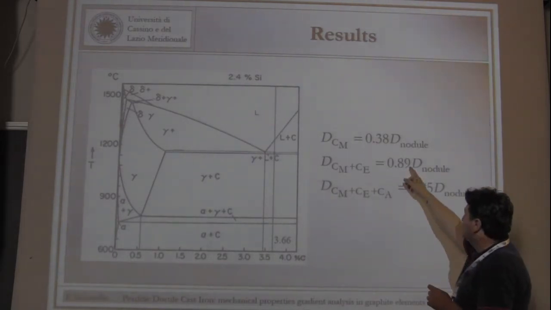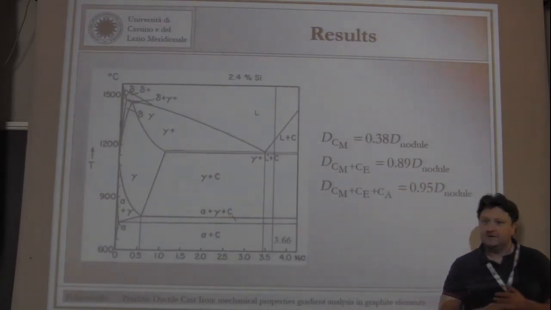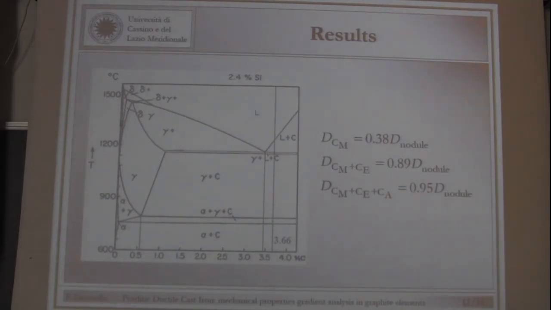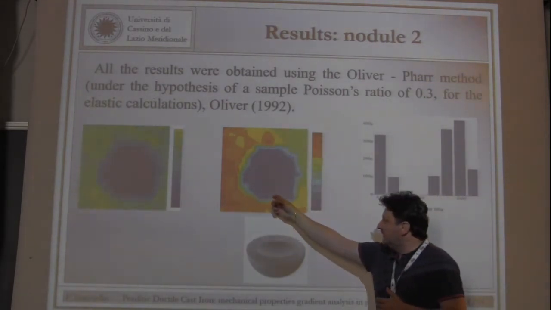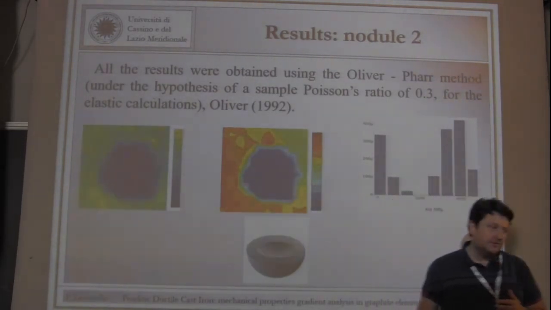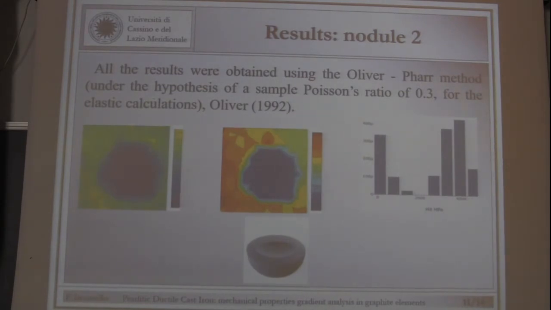In this case, the diameter of the nodules is about 90% of the entire nodules, and so on. This variation of diameter corresponds to our measurement, in terms of nano hardness.